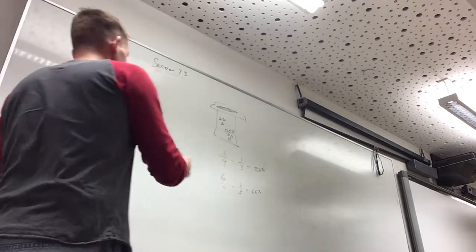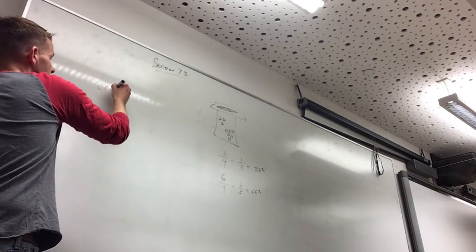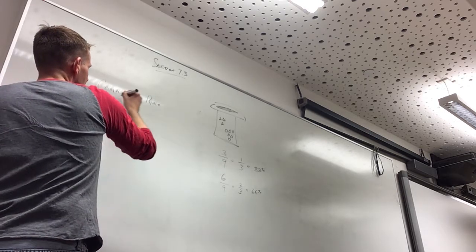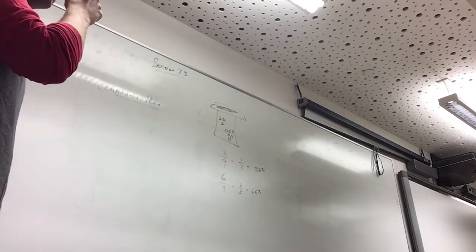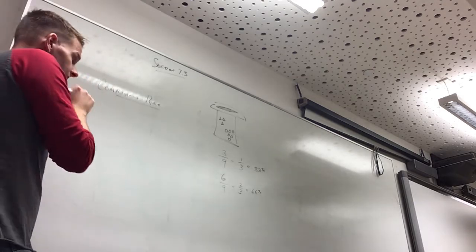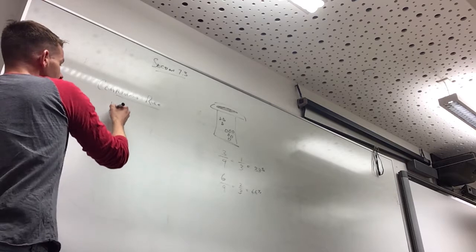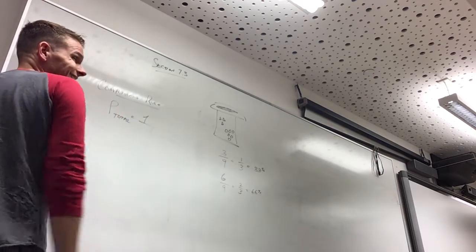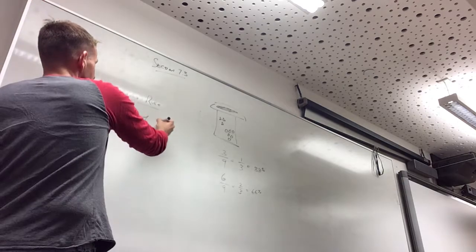This right here is what they refer to as the complement rule. The complement rule simply states, number 1, that the total probability is always equal to 1 or 100%.